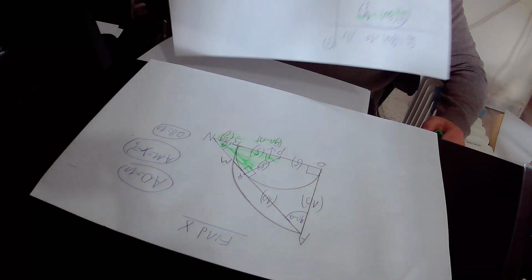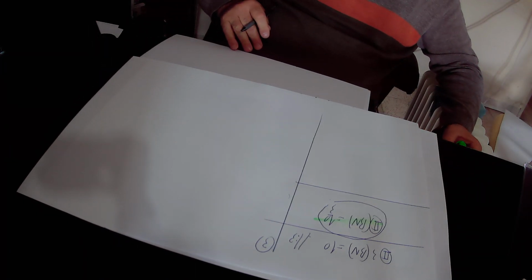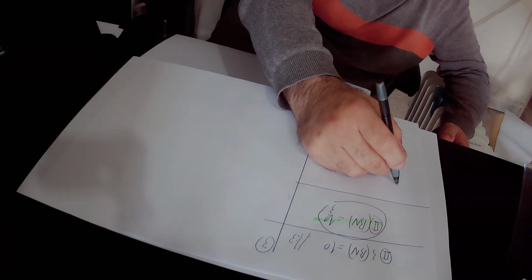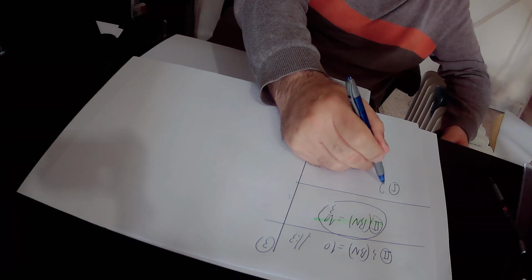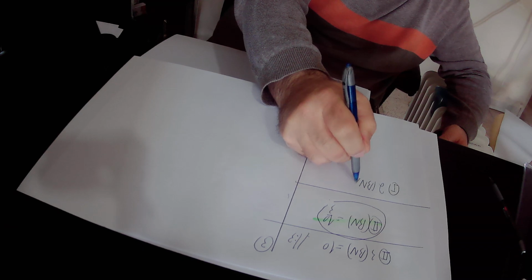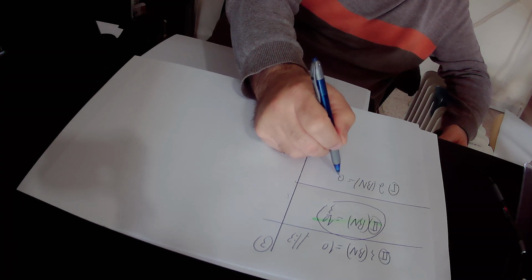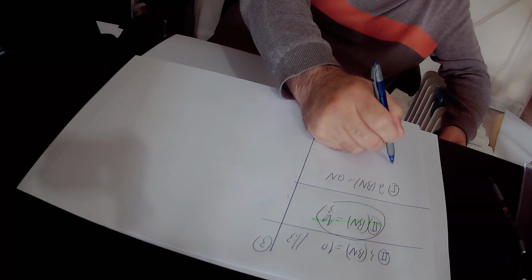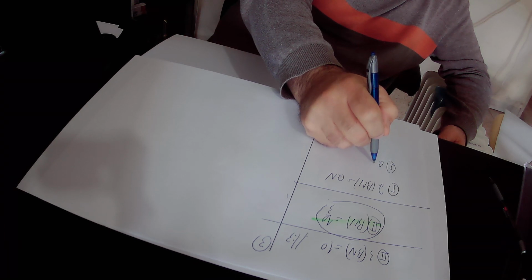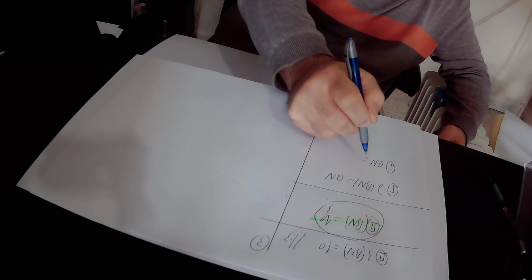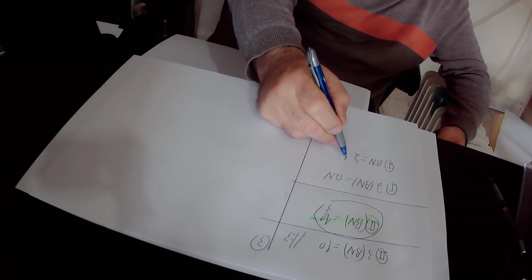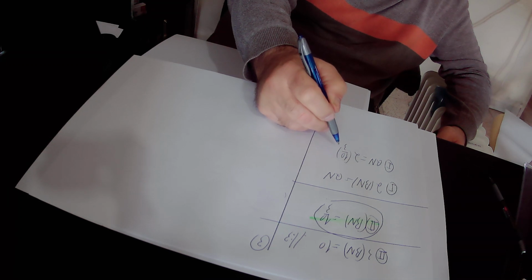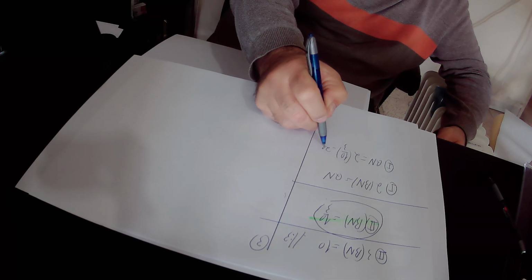Well, according to equation number 1, we have already found out that 2 times Bn equals Qn. So Qn equals 2 times Bn, and Bn is 10 over 3, so it is 2 times 10 over 3, which is 20 over 3.